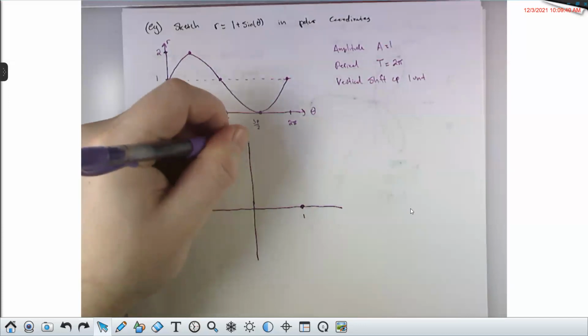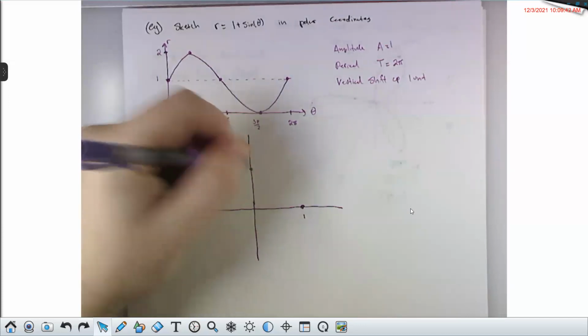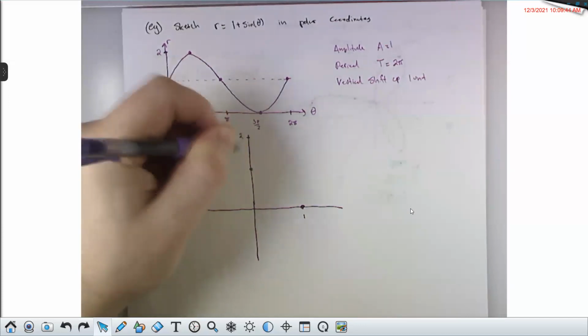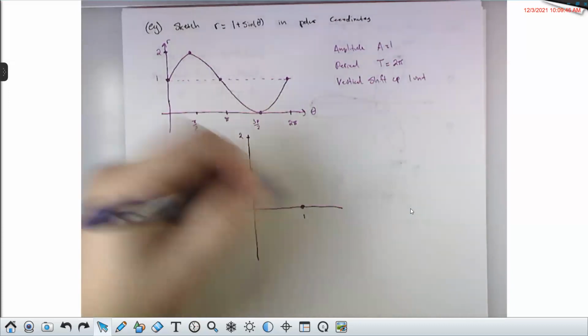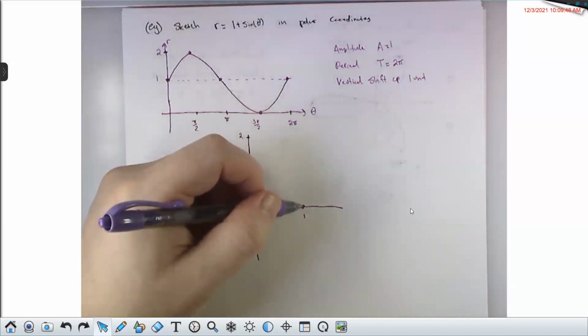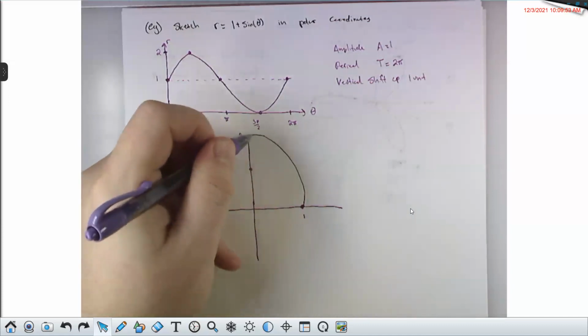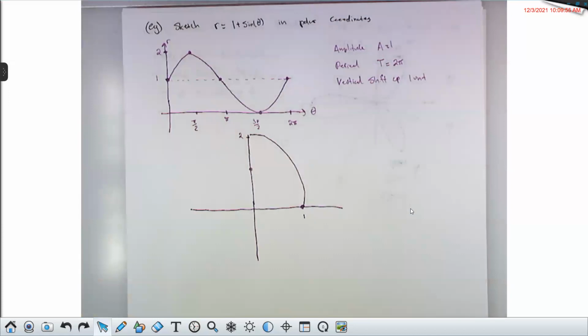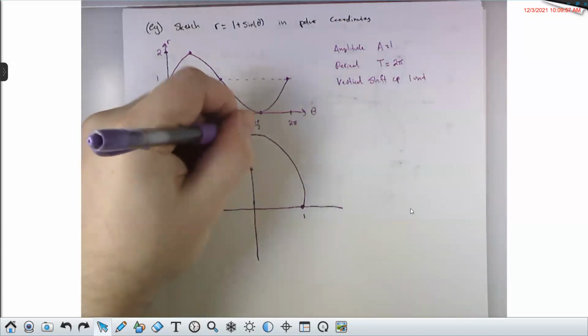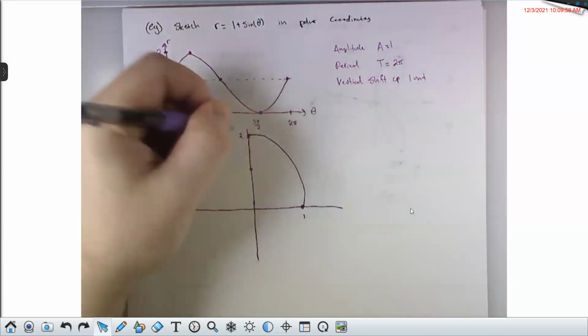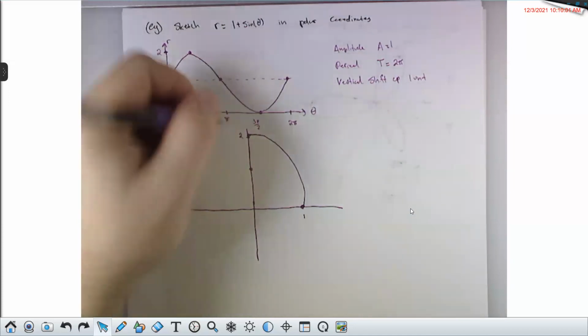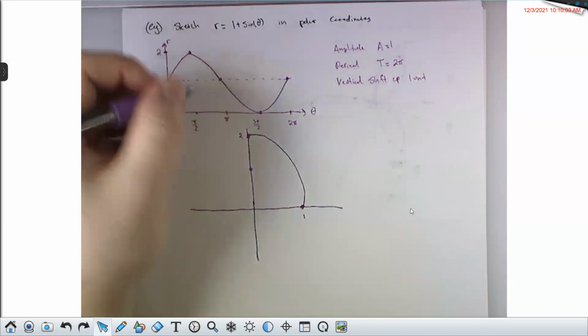He's going to reach a max of 2. So that's going to look something like this, growing, something like this. And this would be the polar coordinate point 2, pi over 2.